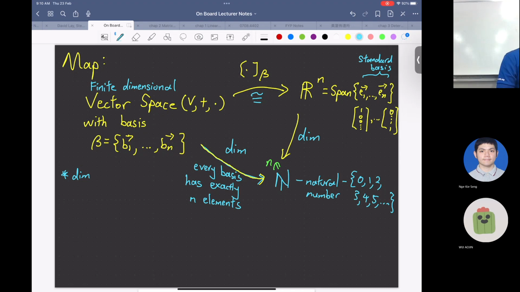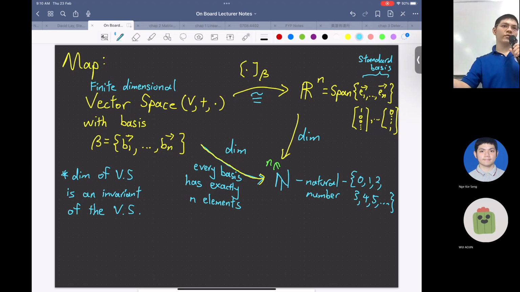The bottom line is that the dimension of a vector space is an invariant of the vector space. You won't get two dimensions out of one vector space.